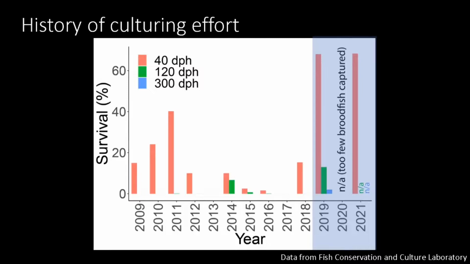That was a COVID year, right? So probably not too surprising there. But in 2021, we seem to be following a pretty similar trend where we have survival to 40 days post-hatch, pretty much the same as in 2019. So this makes us pretty cautiously optimistic that this culturing change that we made based on experiments is actually working.